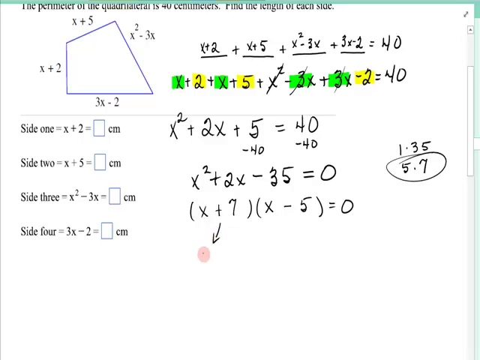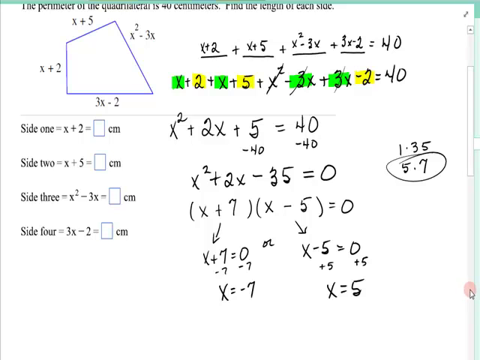Now use the zero factor property. x plus 7 equals 0, or x minus 5 equals 0. Subtract 7. x is negative 7, or add 5. x is 5.